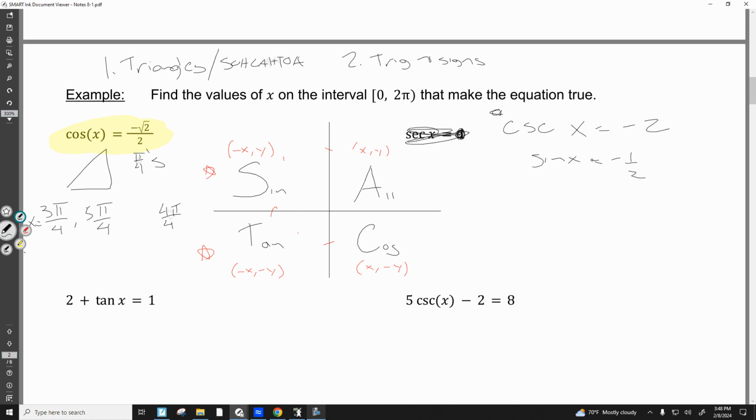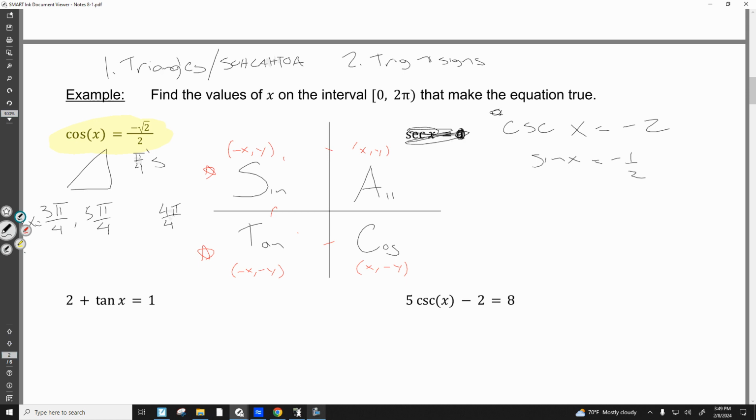Start with your triangle in SOHCAHTOA. Nope. What do you got? What is the answer? Well, get the answer. Good. All right, ready?